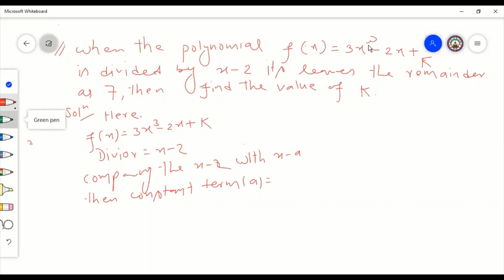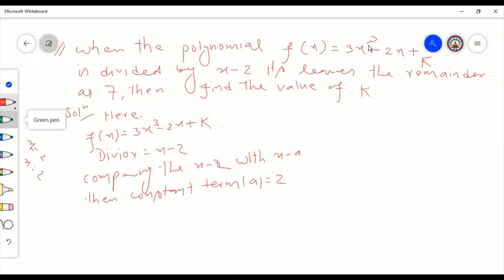X minus 2 is given to you, so the value of x will be 2. So the value of a will be 2. Same as here, the value of a means the value of x.